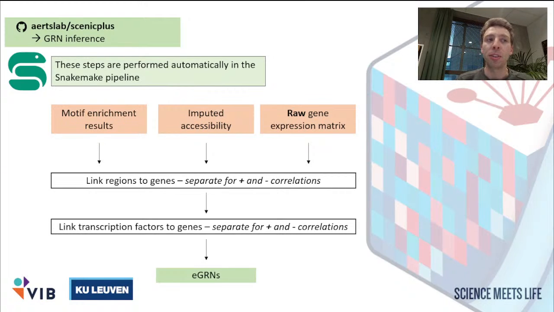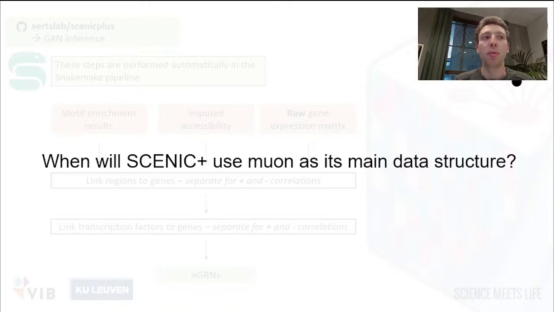Before I answer the questions in the chat, I'll answer the questions that were posted using the sign up link. So the first question was, when will SCENIC Plus use AnnData as its main data structure? Yeah, it's already using AnnData at this moment in the development branch.